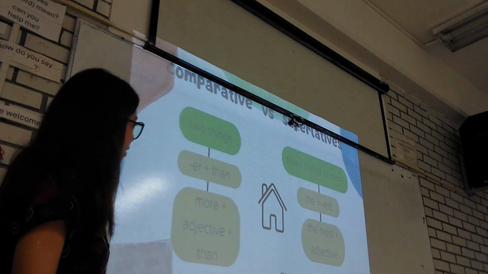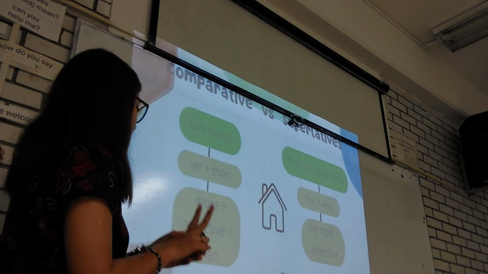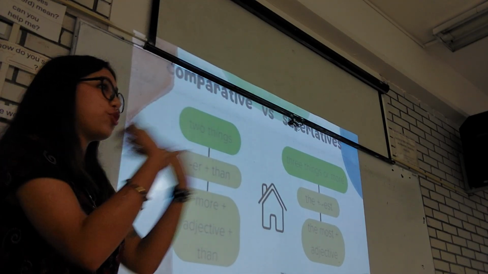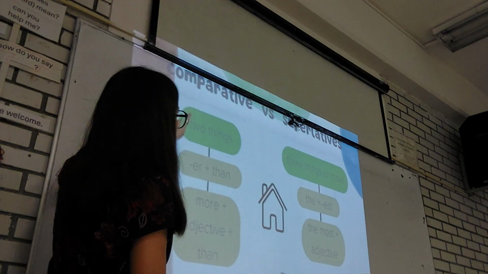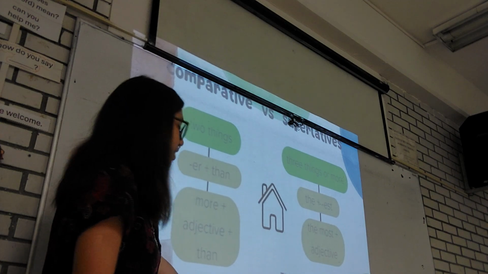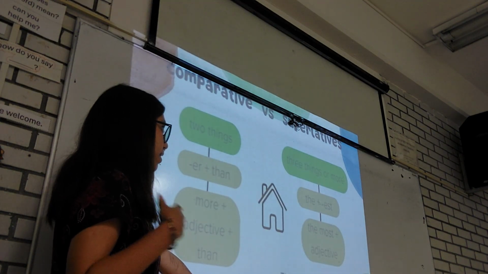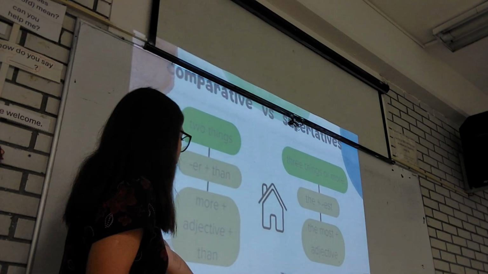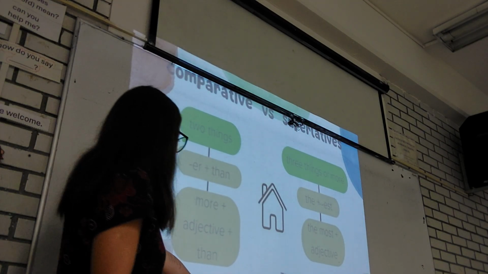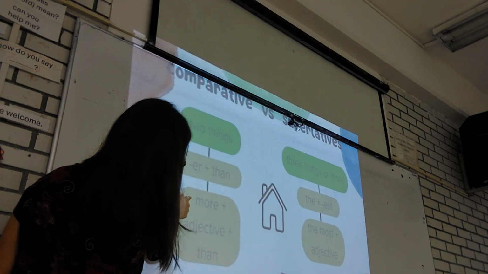So for this, as you can see, we are comparing 2 things: my house and your house. So comparative. And for the adjective, you put er as the form of comparison, and this er means more.